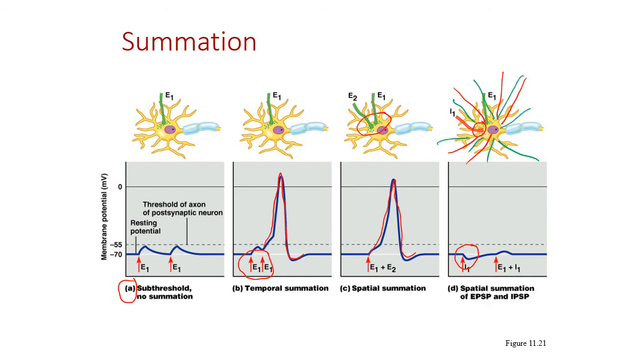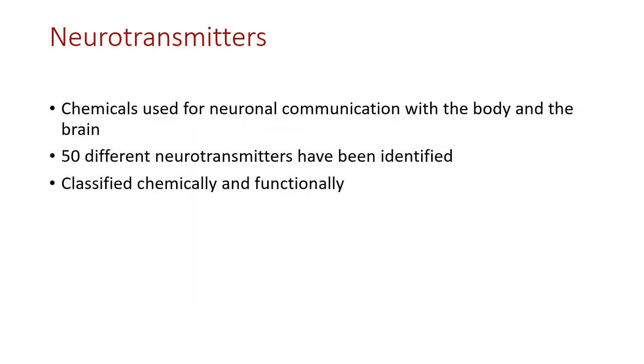Depending upon which one is winning, if the IPSPs and the EPSPs simply cancel each other out, we don't really see anything. Maybe we see a little bit of a depolarization, maybe a little bit of a hyperpolarization. It just depends upon the total summative component of all of those different presynaptic neurons.